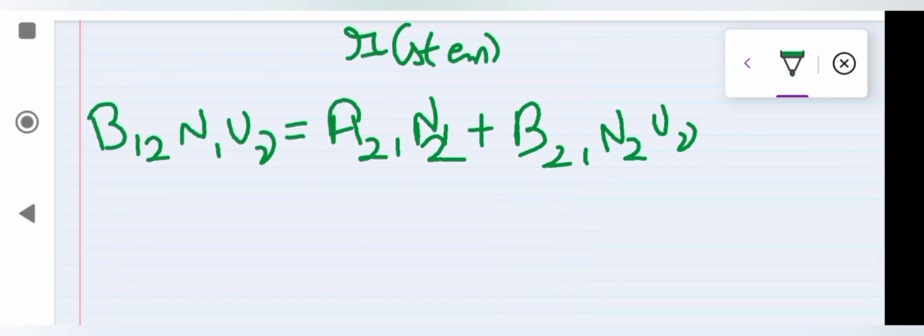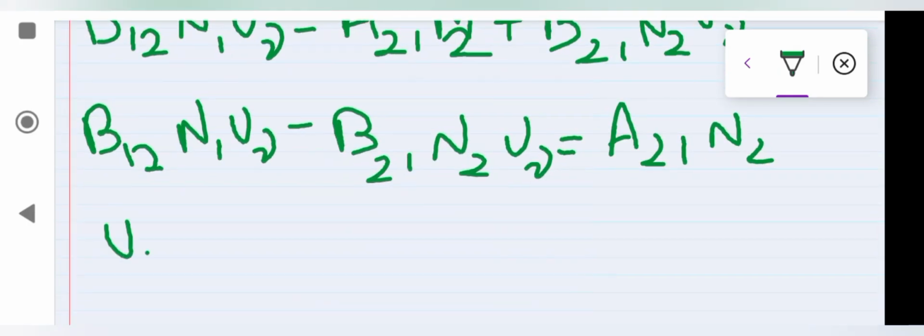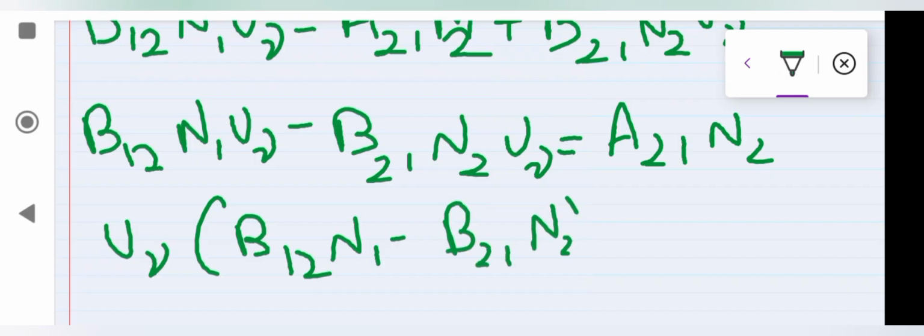Now I will bring the U nu terms to one side and make it common. B12 N1 U nu minus B21 N2 U nu equals A21 N2. Now I'll take U nu common: U nu times (B12 N1 minus B21 N2) equals A21 N2.